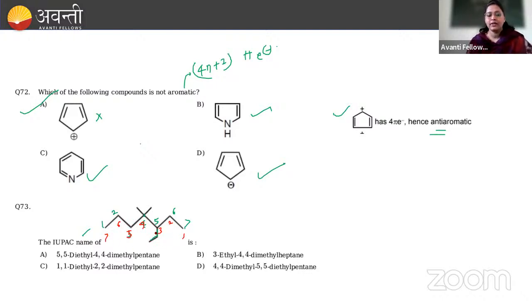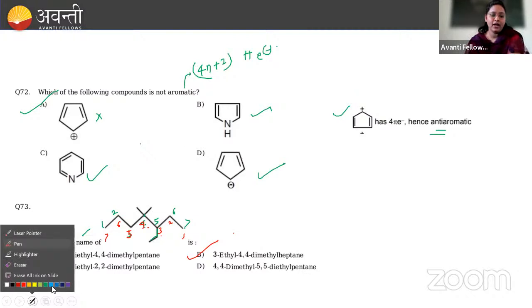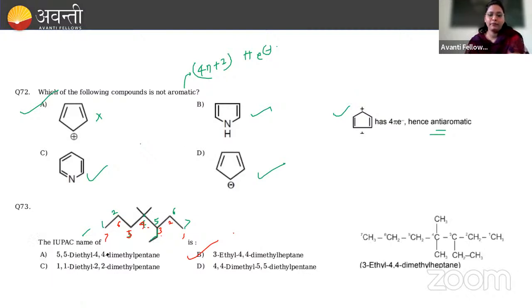Now you can see the numbering is closest to the substituents. So 3 ethyl, 4 4 dimethyl. This is heptane. So here the answer will be option B. Any doubts? Yes. Very simple problem, everyone. Okay. So option B will be the correct answer here. Yeah. Let's move on to the next problem.